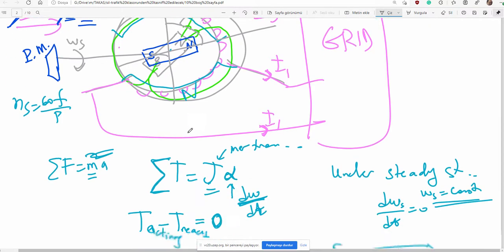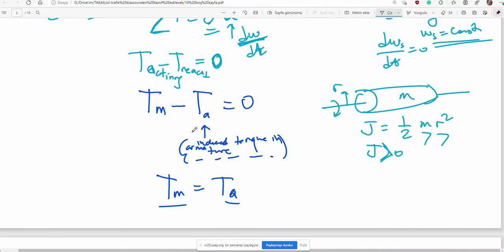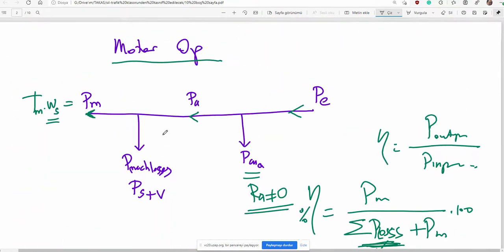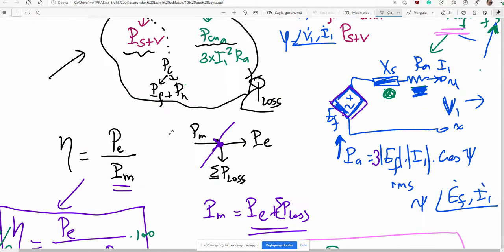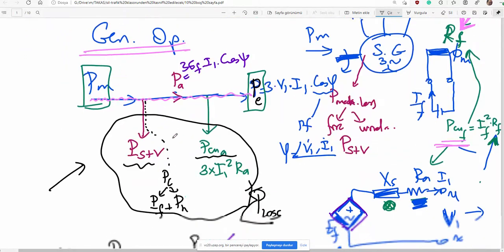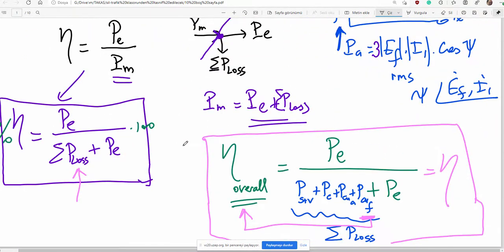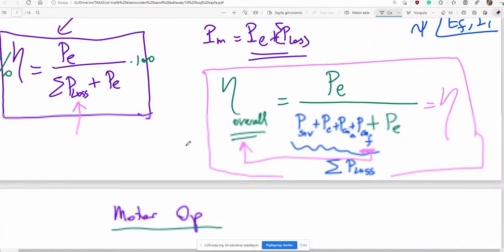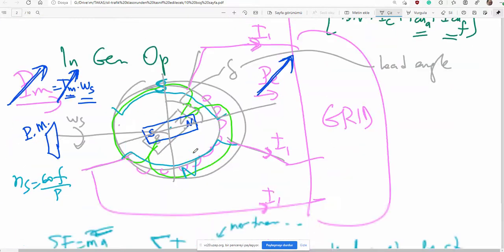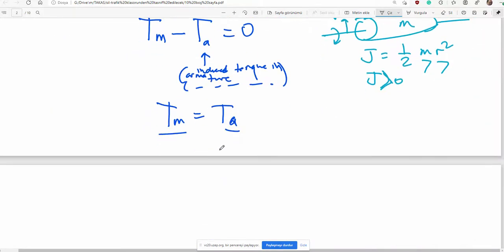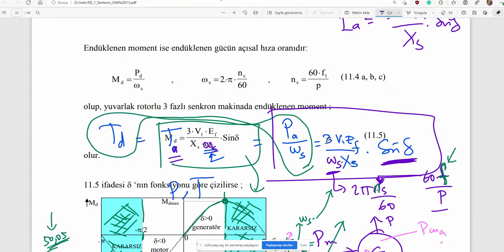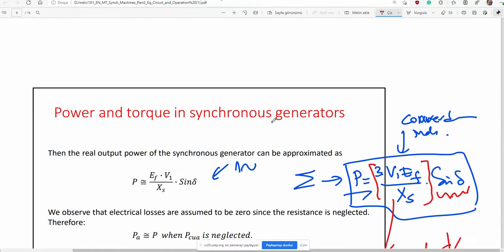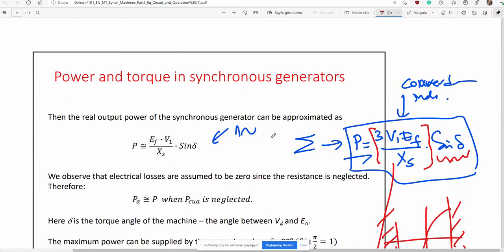So it is critical. I mean, where is the equation? Equation is not here. Equation was here, or equation is here.